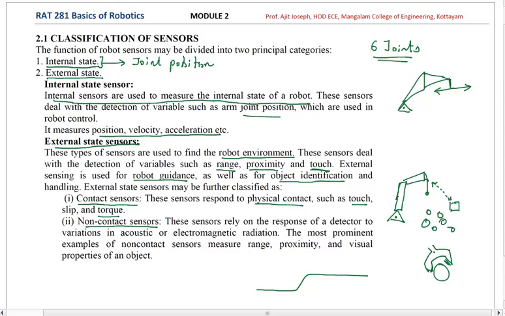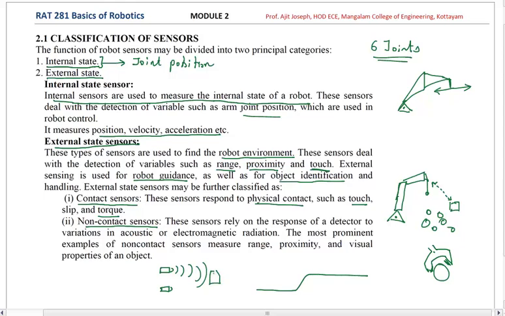For example, a camera need not touch the object to understand that there is an object there. Or we have range detectors, which deal with ultrasound. There is a transmitter and there is a receiver, and this sends ultrasound waves, just like in the case of a bat.